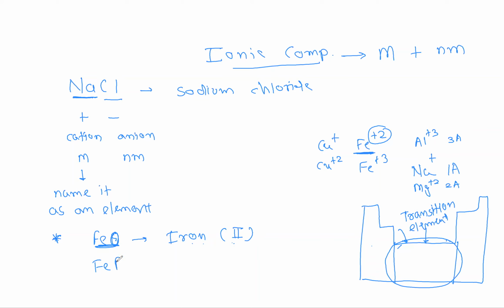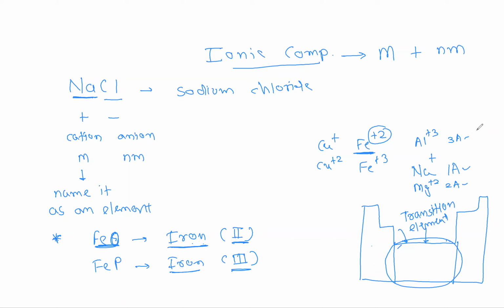If we have something like this, we have to call this iron 3. Why? Because in this chemical formula, it is carrying +3 charge. So just remember, the first element, which is a metal element, you're just going to name as the element. Also, if it's a transition element, you just need to write a Roman numeral. Otherwise, you don't have to write a Roman numeral if it's anywhere from group number 1A, 2A, or 3A.